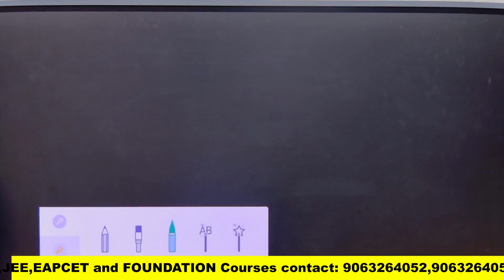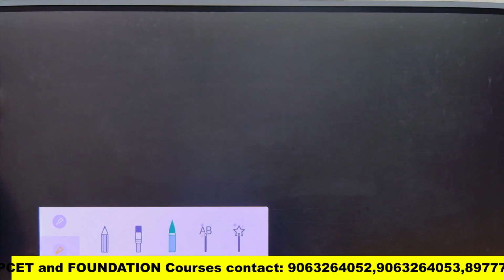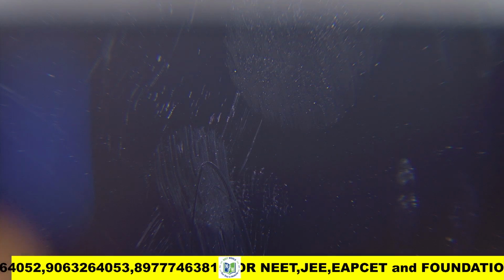So guys, just look into this. This is the cell and this is the axonal membrane.